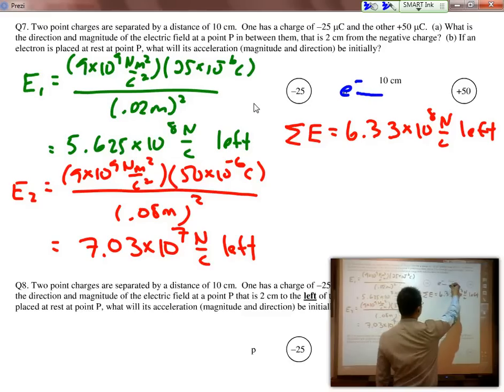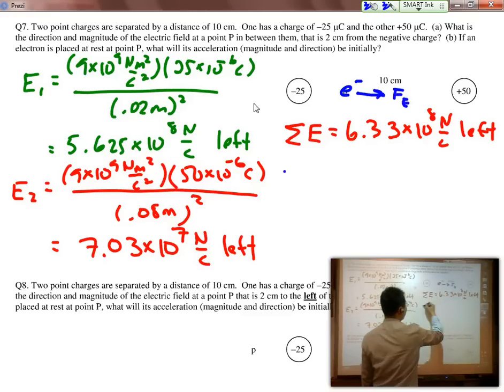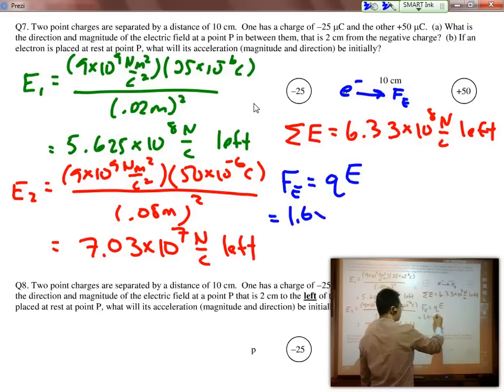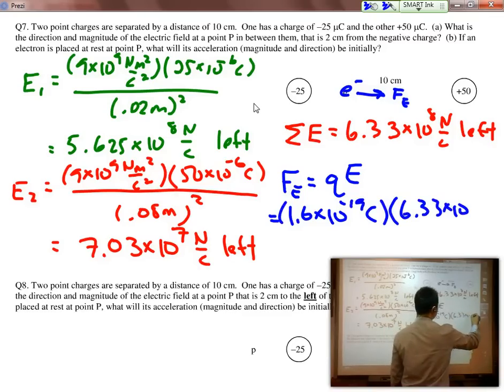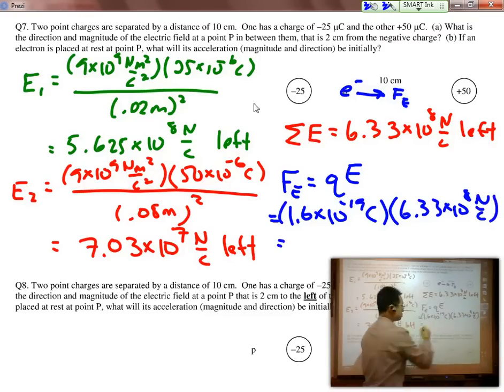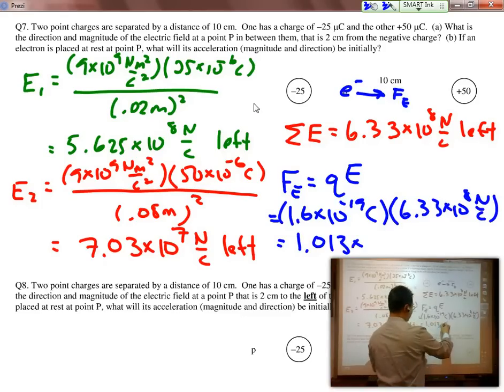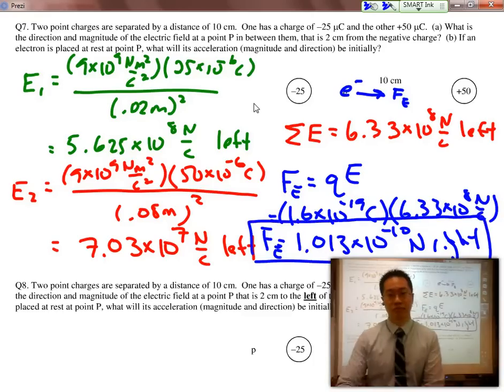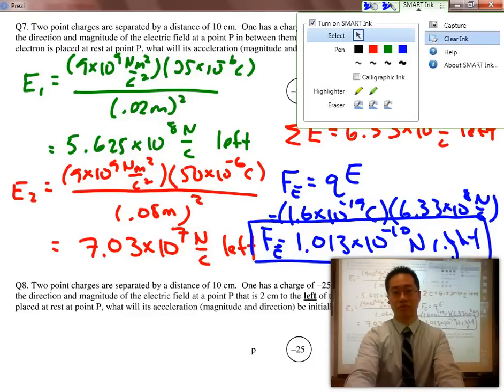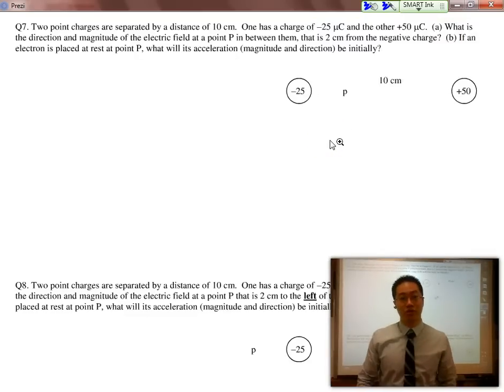It's going to feel a force to the right, and that force would equal 1.013 times 10 to the negative 10 newtons, right. So in this case, there are two parts, solving for the total electric field and then solving for the force on a charge placed inside the electric field.